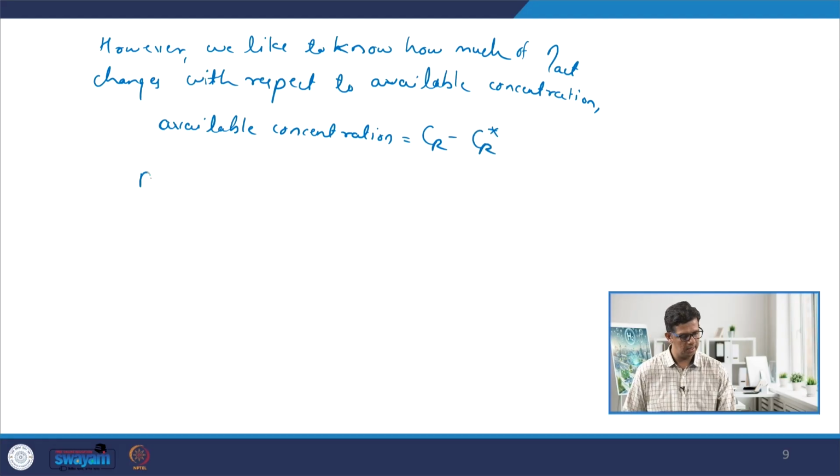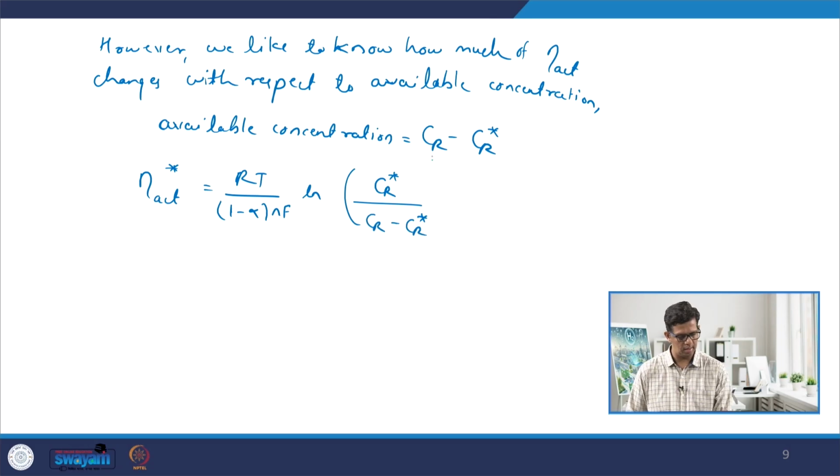So let us write this eta activation star, which is RT divided by 1 minus alpha NF ln of CR star divided by CR minus CR star. So what is the change? The change in activation overpotential, the eta concentration due to the Butler-Volmer equation, is basically eta activation star minus eta activation.